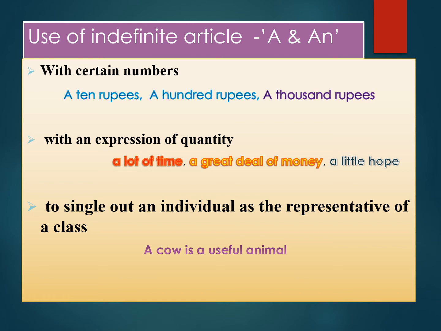Here the noun cow is the representative of the whole class of cows. So we are representing the cow as a whole family of cows. So when we are using a noun as a representative of a whole class, we have to use indefinite article before that noun.